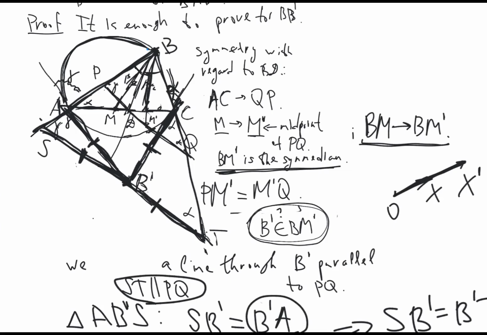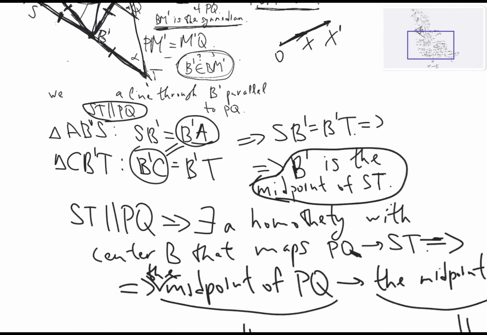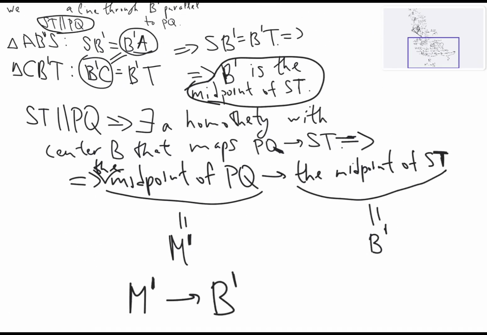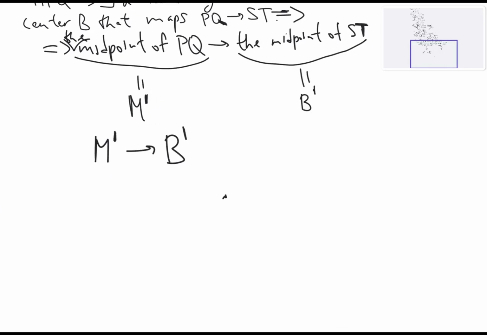But M' is mapped to B', and this immediately implies that these three points, B, M', and B', lie on the same line. Because when a homothety with center O maps a point X to a point X', these three points always lie on the same line.